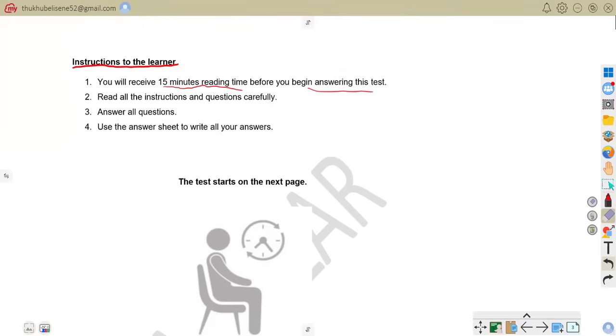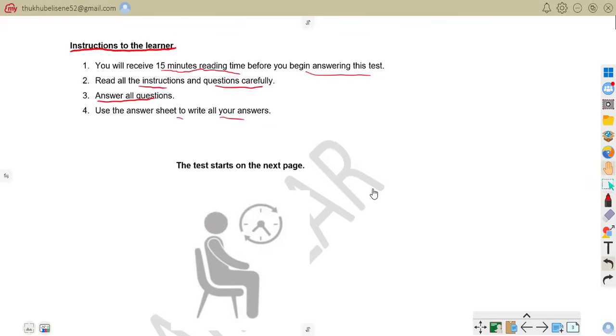Instruction number 2 says, read all the instructions and questions carefully, so that you do not find yourself making mistakes that are going to cost you because you failed to read the instructions. Instruction number 3, answer all questions. Here you don't choose, you answer all the questions. Instruction number 4, which is the last instruction, use the answer sheet to write all your answers.